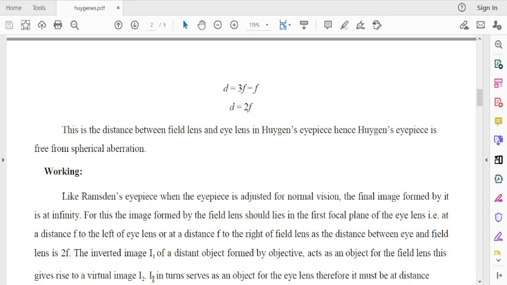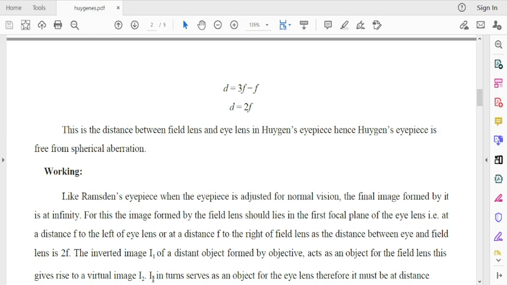Therefore, keeping in mind those conditions, the focal length of the field lens should be 3 times the focal length of the eye lens, and the distance between them should be equal to twice the focal length of the eye lens. And see, the Huygens eyepiece is constructed on this important principle only.